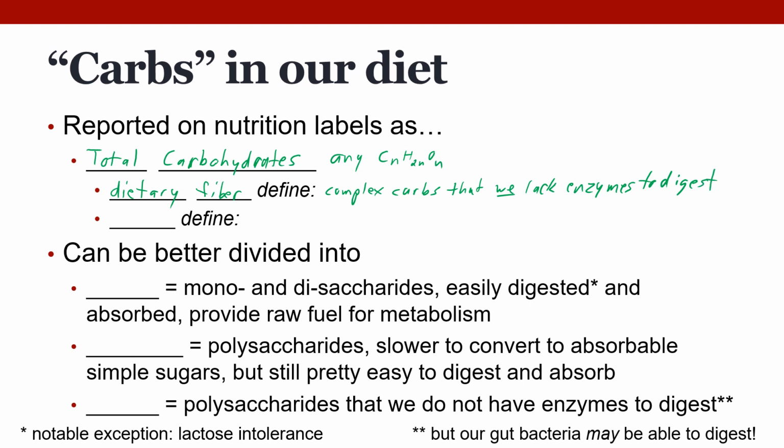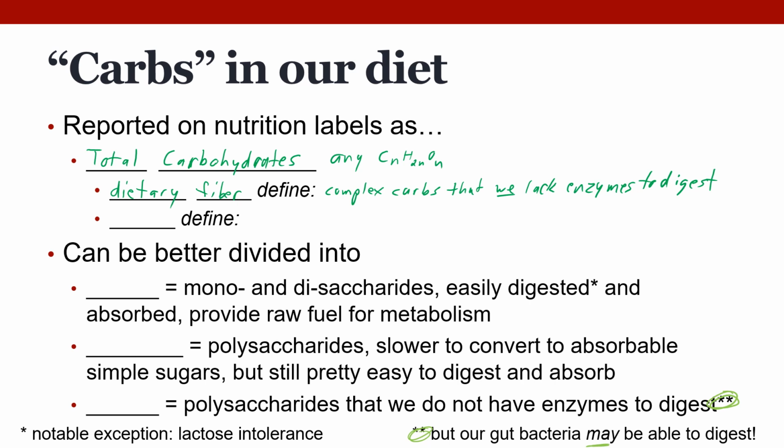Now, as I note down here, our gut bacteria may be able to digest some of these dietary fibers. So some of this dietary fiber goes to bulk up our feces, our stool, which helps with our overall digestive health, helps food move through our colon.